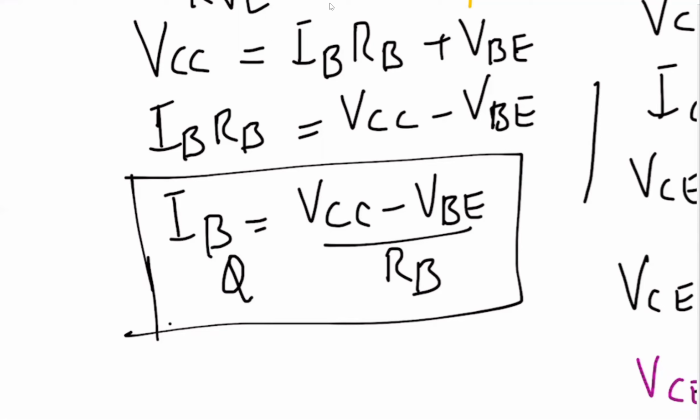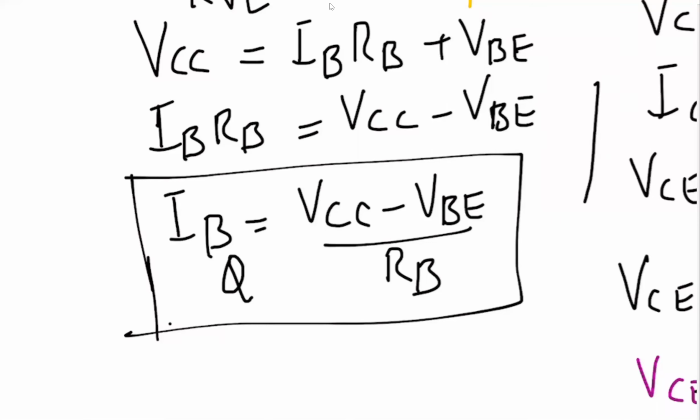So due to a change in either of these two, VCC or RB, we can have a variation in IB. Are you with me? If the component VCC or RB changes, we will have a change in the base current. Yes, sir.